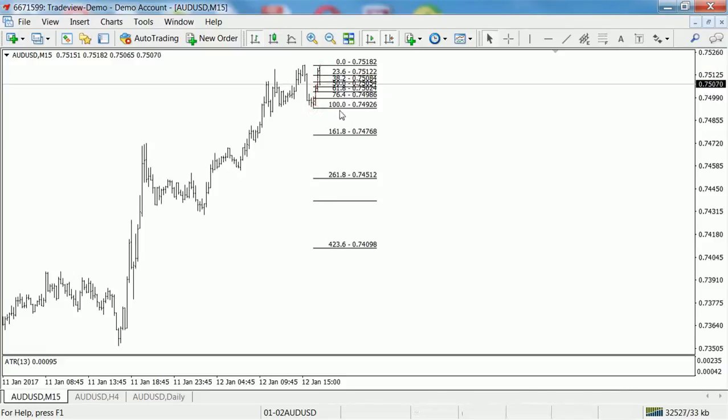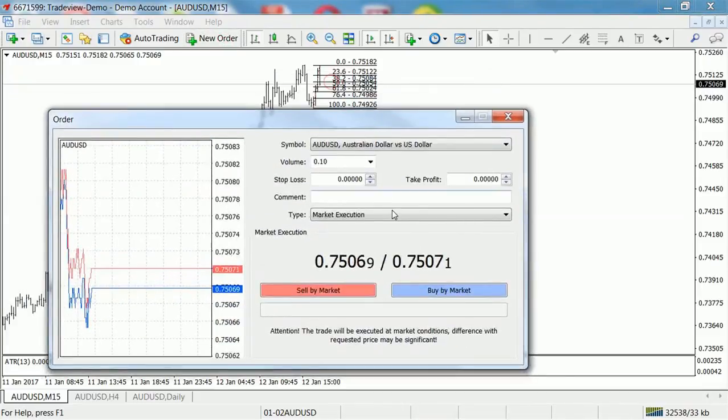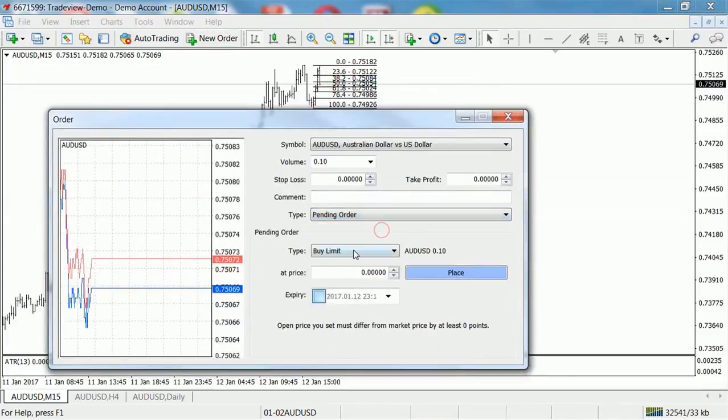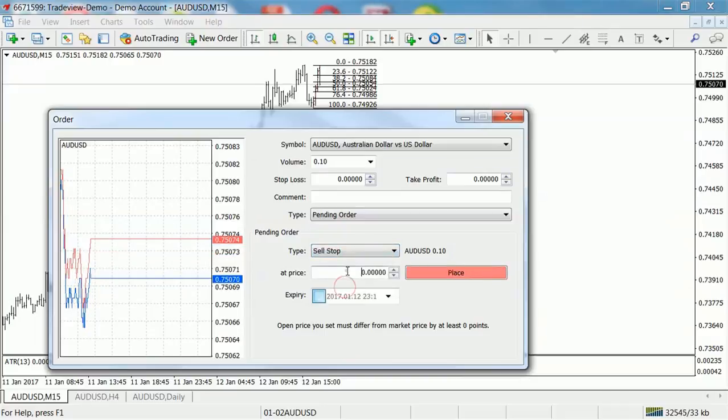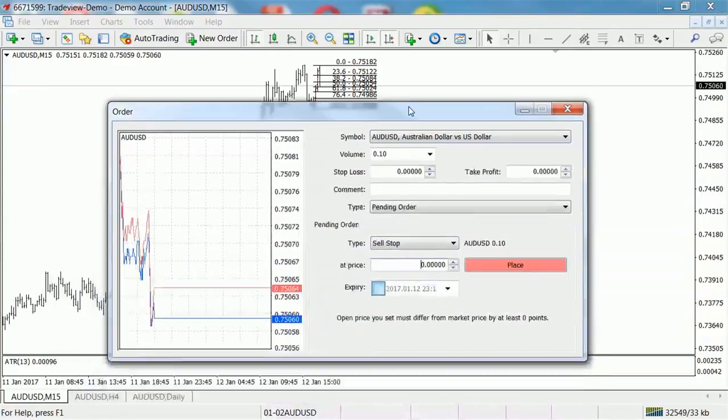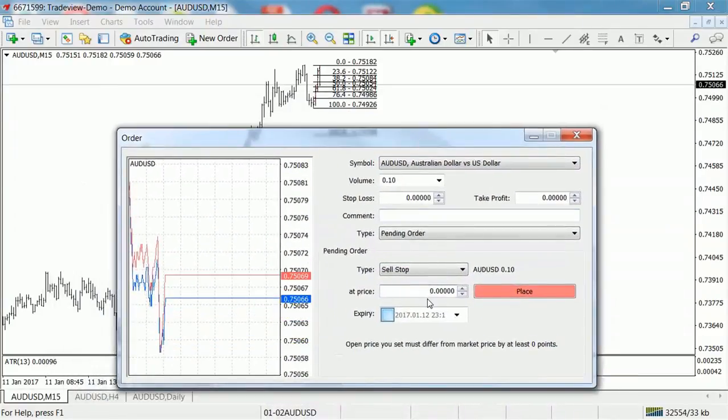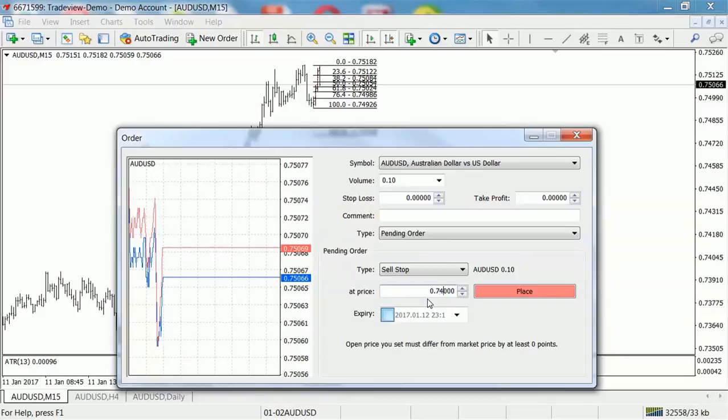This is just a 15-minute chart, and 74.90 is your entry point. Let's do another one so that you can see how you can use the sell stop to get the trade up and running. You break to 74.90, and your stop is going to be 75.20.